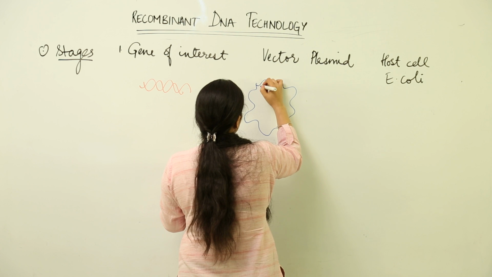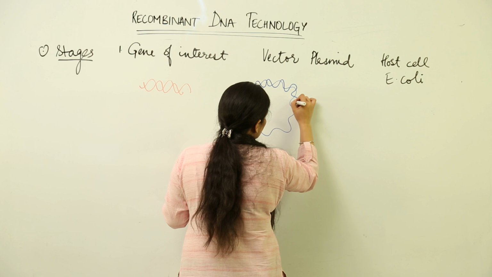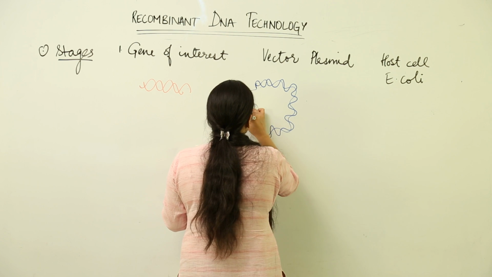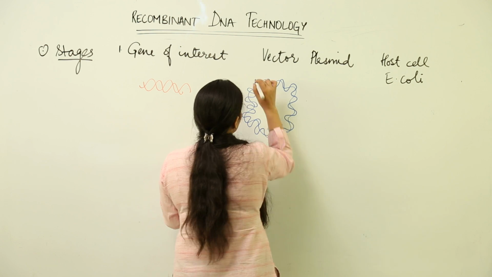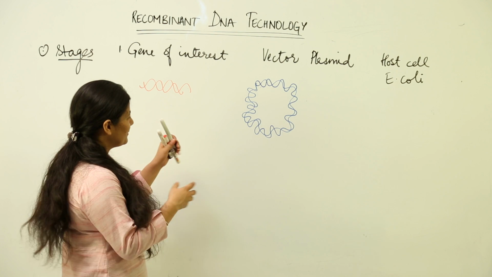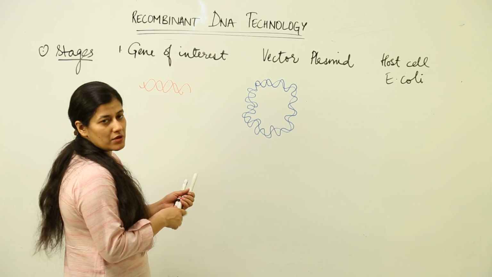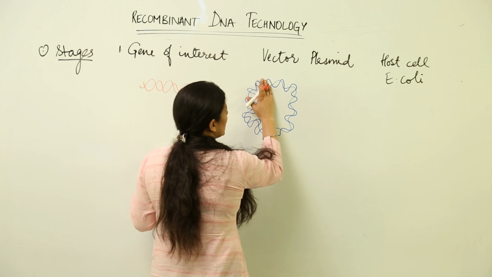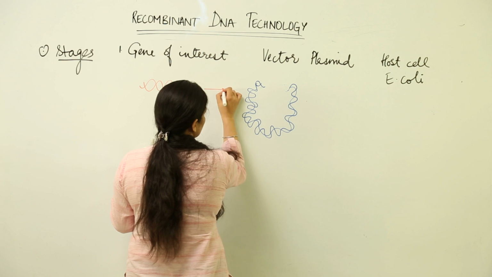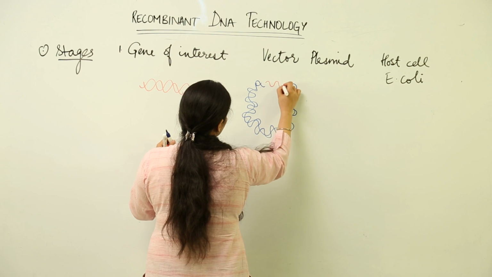Supposedly this is the plasmid, drawn as a wavy pattern, and I have tried to represent the DNA, though it doesn't look like that. Now this gene of interest, using the same restriction endonucleases, will be incorporated into the plasmid like this.